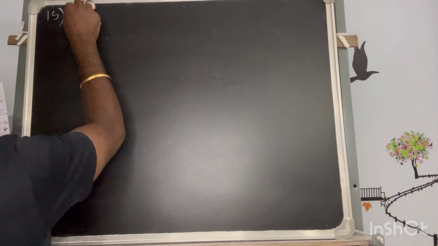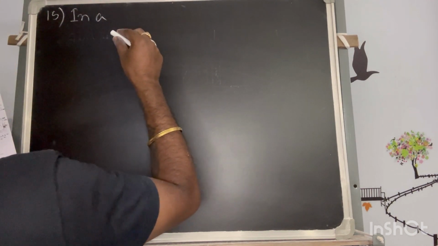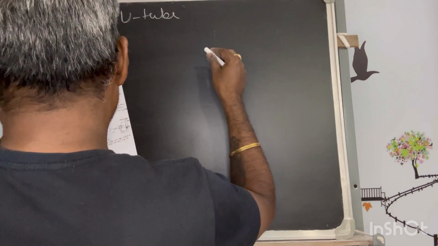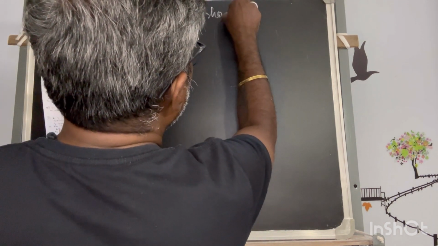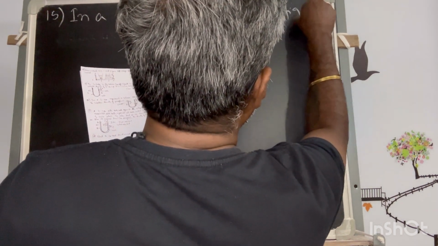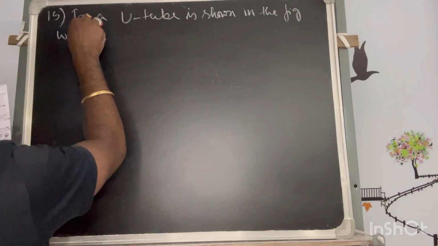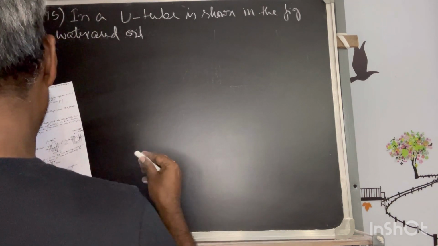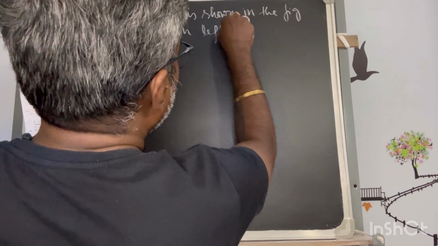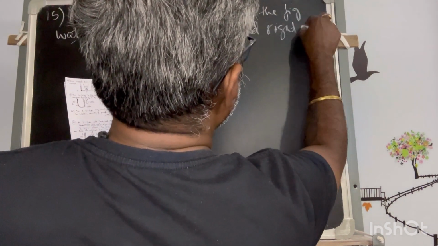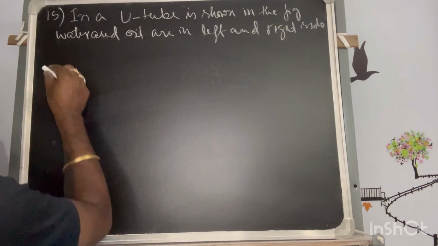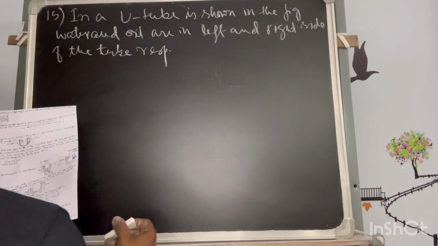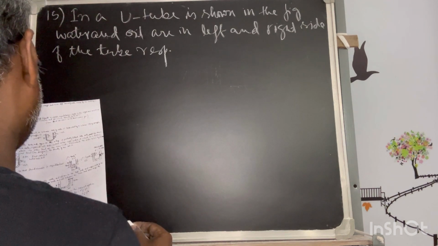In a U-tube shown in the figure, water and oil are in the left side and right side of the tube respectively.